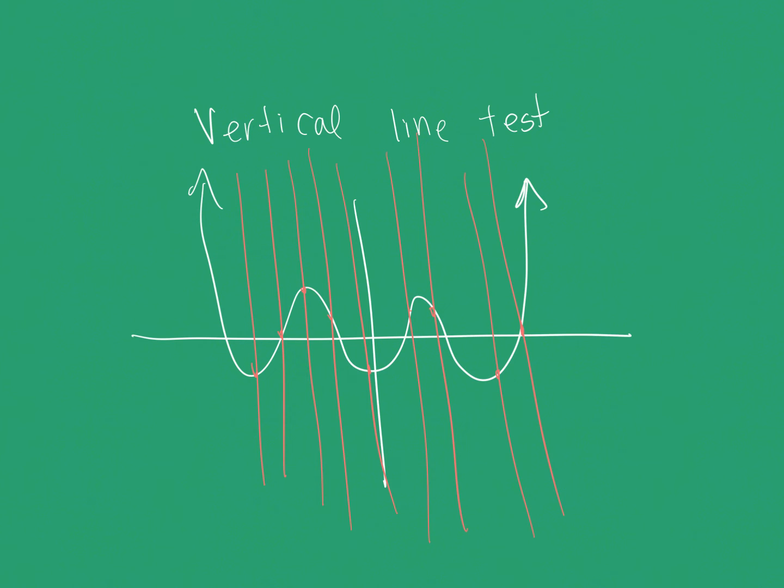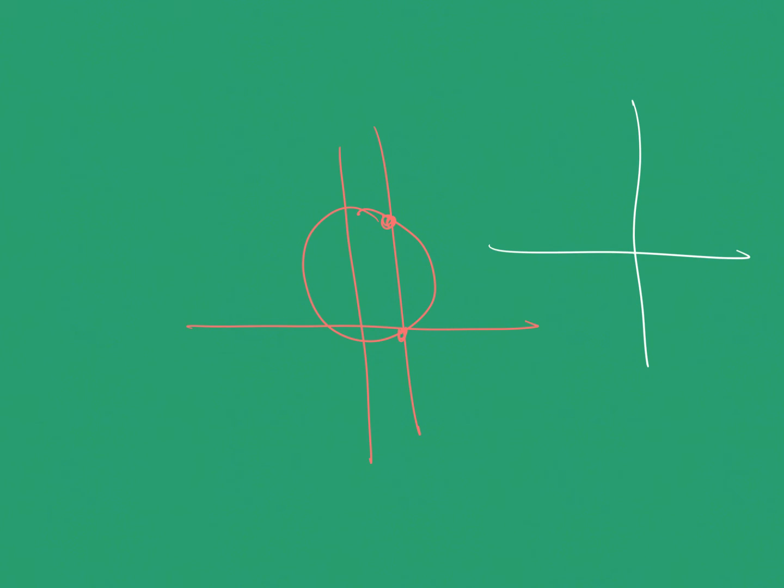And it would tell me that this is a function. Examples of things that don't pass the vertical line test are circles. Circles don't pass the vertical line test. Ellipses. You remember what an ellipse is? Maybe, depending on if you've had them before, they're like an oval circle. They don't pass the vertical line test.